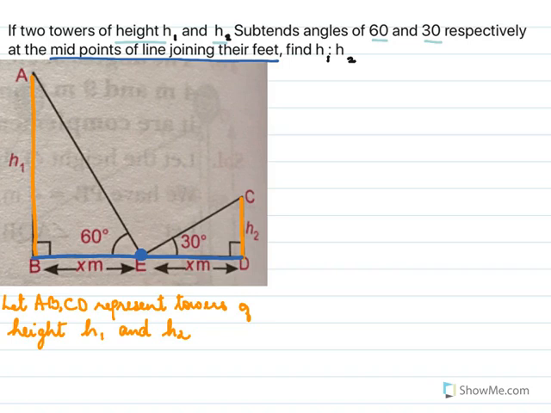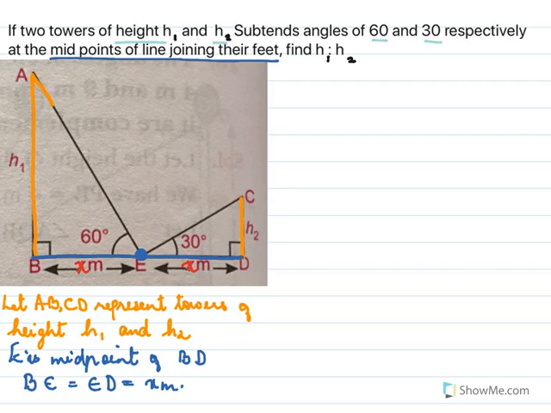That is why you take BE as X and ED is also X. So we'll just write that. We have E is the midpoint of BD, which means BE equal to ED equal to X meter.